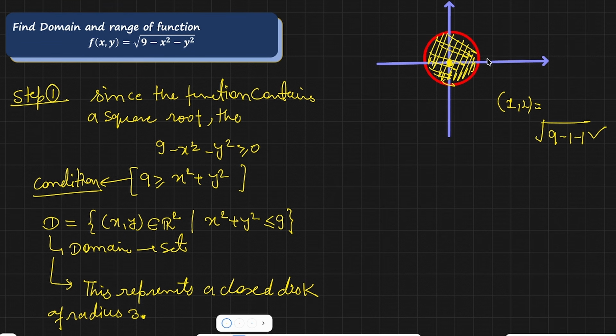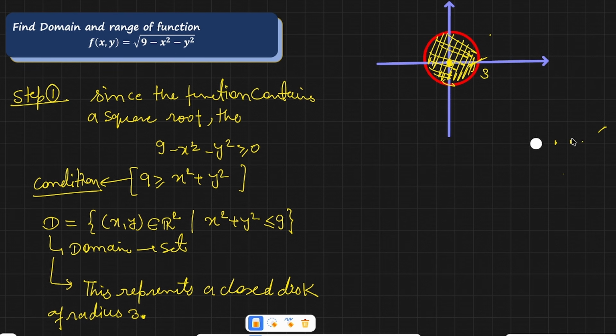Let's say the radius is 3 and we take (4, 4). Then it will be 9 minus 16 minus 16. Now this is not defined, because it will be the square root of a negative number, which is a complex number, and since we are working in real numbers, it will not satisfy this.